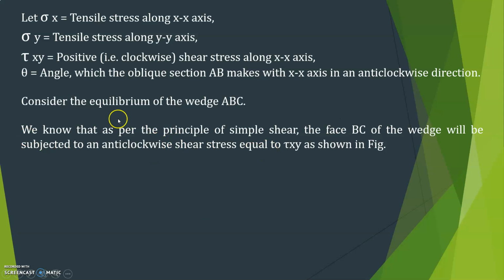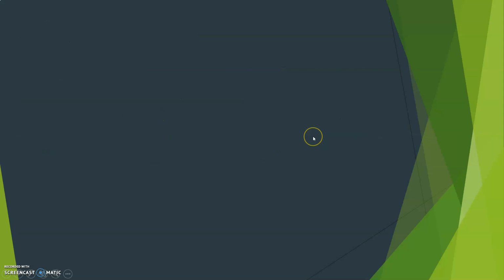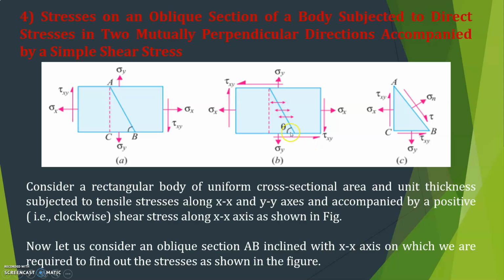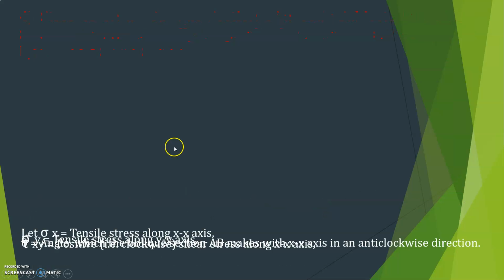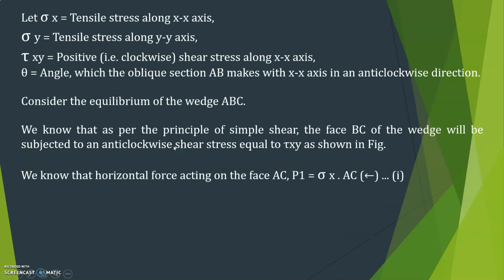Let us consider the equilibrium of the wedge ABC. As per the principle of simple shear, the face BC of the wedge will be subjected to an anti-clockwise shear stress equal to tau xy.